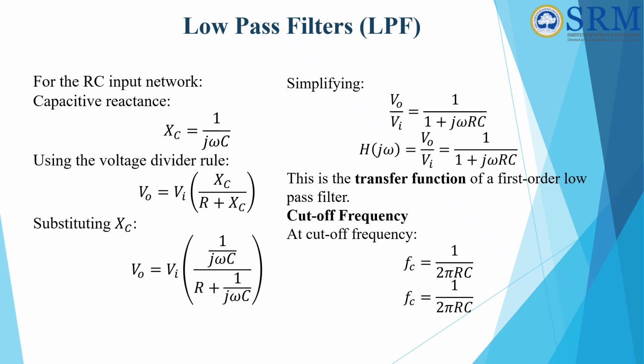By substituting the value of Xc, we get Vout equal to Vi into 1 by j omega C by R plus 1 by j omega C. After simplifying, we get Vout by Vi as 1 by 1 plus j omega RC. This is the transfer function of the first order low pass filter. The cutoff frequency is given as Fc equal to 1 by 2 pi RC.